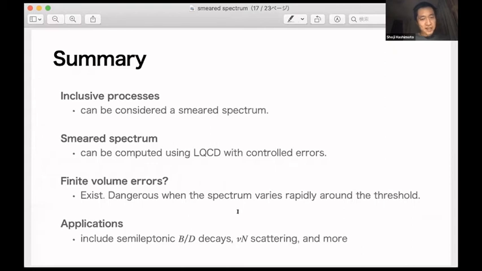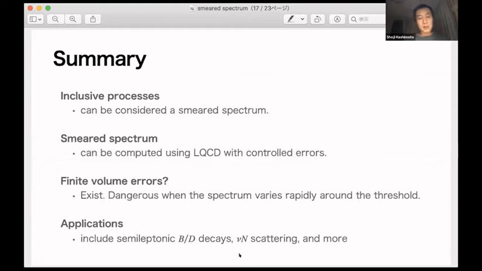And there are applications, semileptonic B decays, maybe D meson decays. I'm also interested in the lepton nucleon scattering, and the people consider the parton distribution function and so on, but that cannot be used for the low energy scattering.